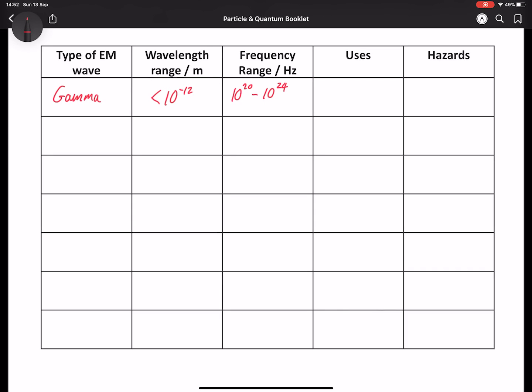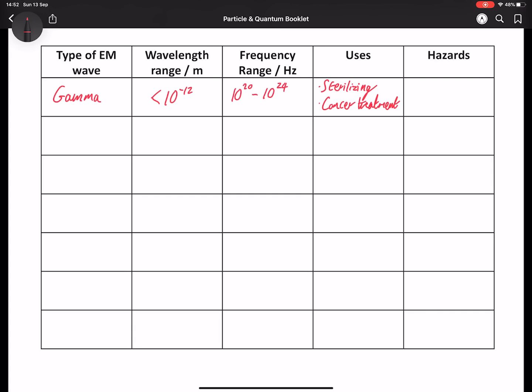Now, in terms of uses, we know that gamma rays are used quite commonly for sterilization. They're used to clean medical equipment, for example, killing off bacteria, and they're used in cancer treatment, where high-intensity gamma rays focused on a target can kill cells, including cancer cells.